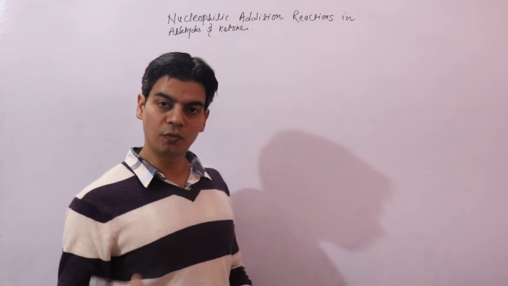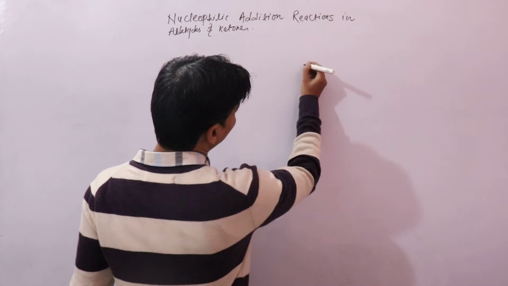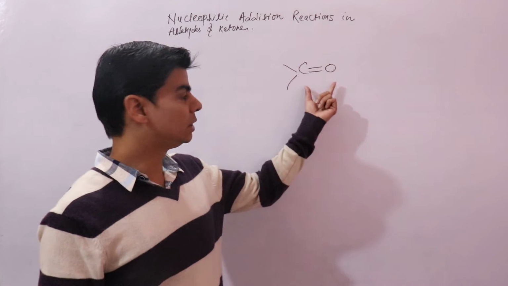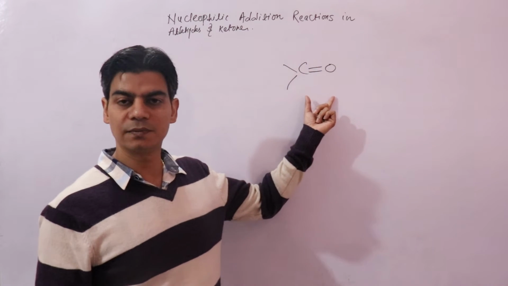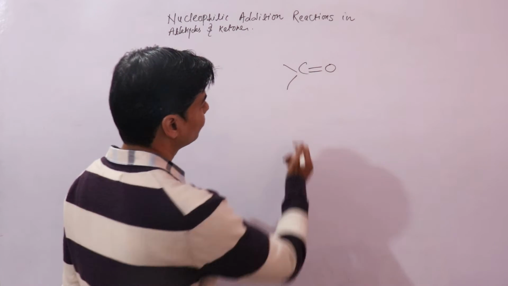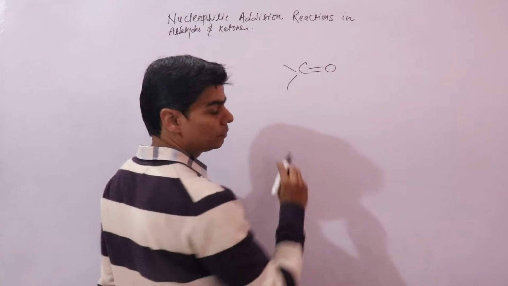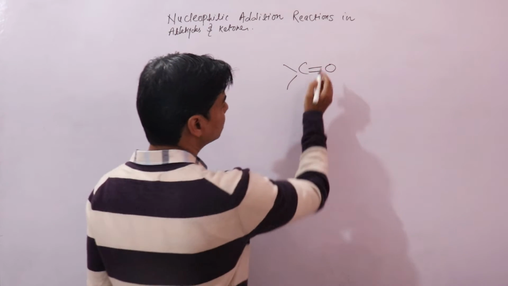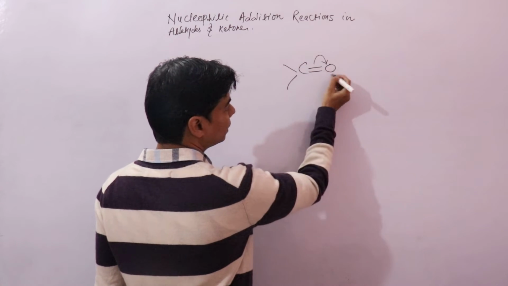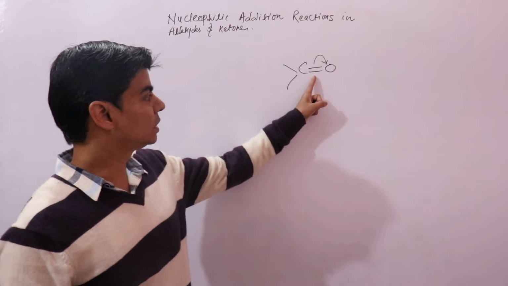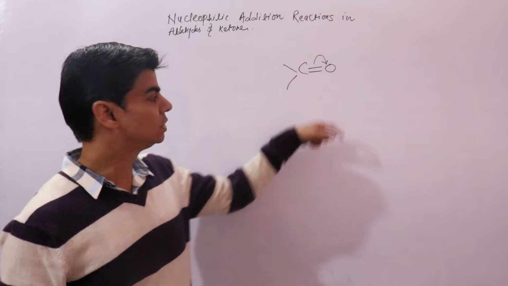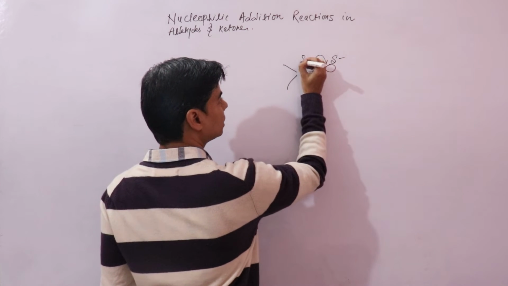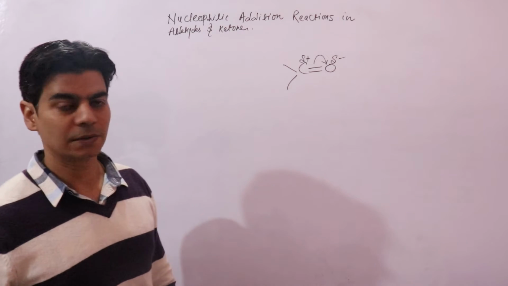So to find the positive sites, let's look at the functional group, the carbonyl group, because it is due to this functional group that the reactions will take place in aldehydes and ketones. We know from the previous video lecture, from the structure and nature of carbonyl compounds, that due to the high electronegativity of oxygen, the electron cloud will displace towards oxygen, giving it a slight negative charge, and carbon will get a slight positive charge.